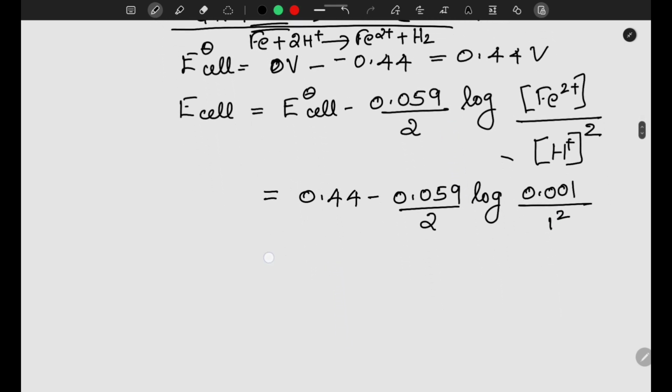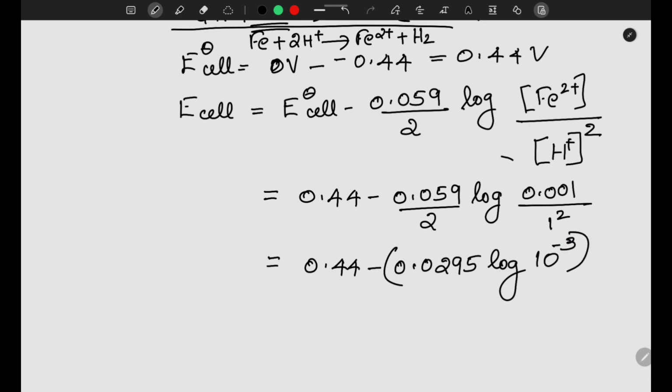Then that is equal to 0.44 minus 0.0295 log 0.001. We can write it as 1 into 10 raised to minus 3. That is log 10 raised to minus 3. Log 10 raised to minus 3 is equal to minus 3. So 0.44 minus 0.0295 into minus 3.